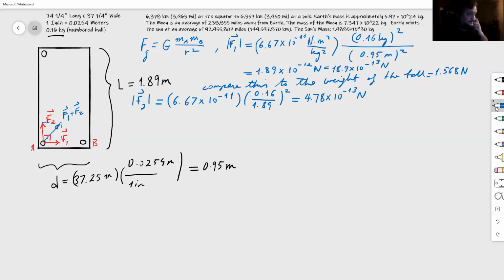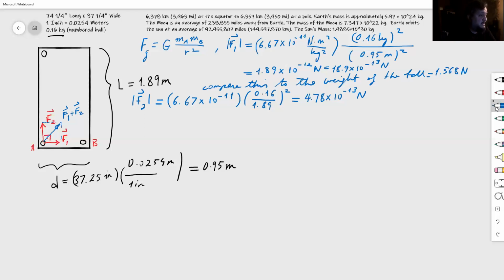All right, then we need the vector sum. Now these two are perpendicular to each other, so they act like the x and y components of the net force.